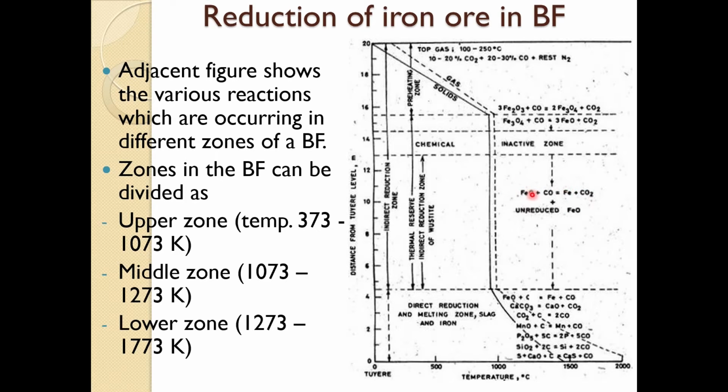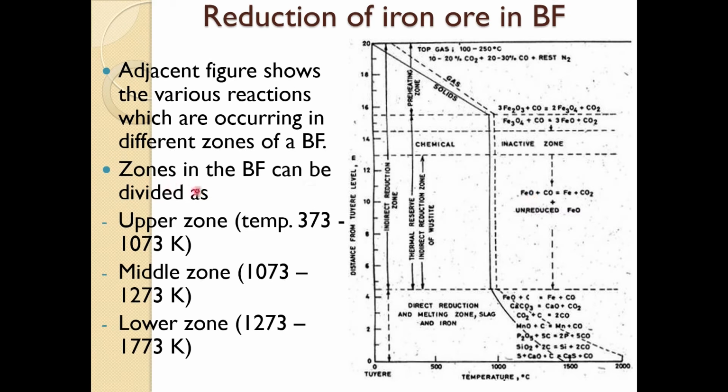Though we have written it in terms of FeO, it is not the stoichiometrically correct representation of iron oxide. The oxygen content varies from 0.95 to 1.05, so usually you write it as FeOx.